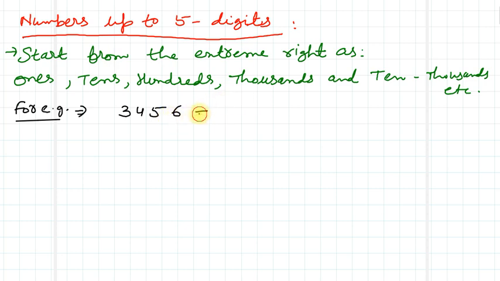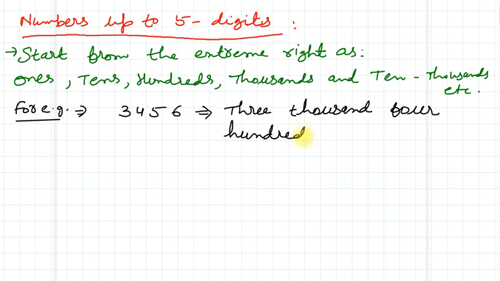So in words I will read it as 3000, 400, 56.